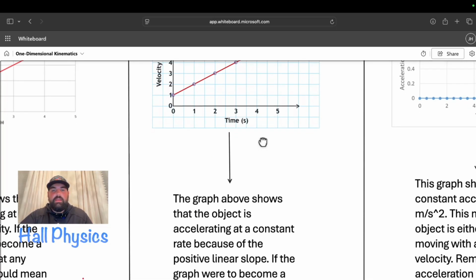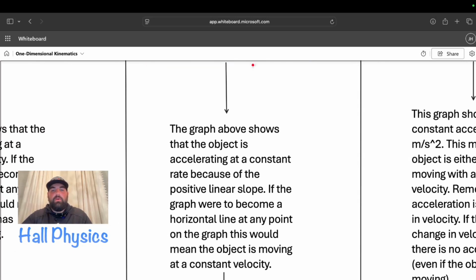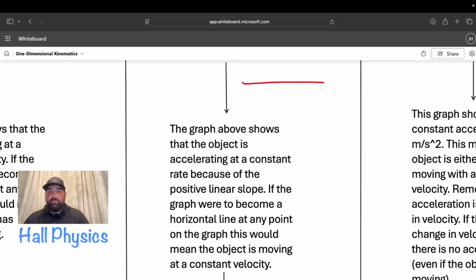Now, if the line was horizontal at any point, the velocity would be constant at that point. If it was a flat line like this, that would mean the velocity is constant there, which means we would have 0 acceleration because there's no change in that velocity.